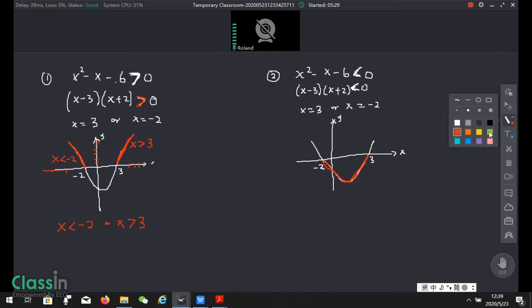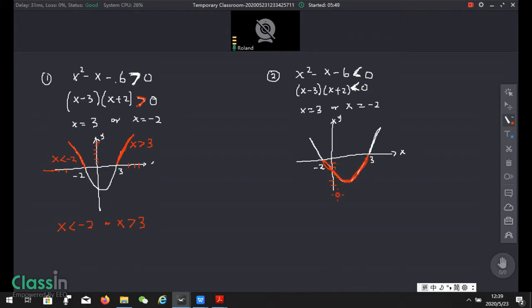This portion, which is above the x-axis, is not part of the portion which is negative. This portion is not part of this range because it's positive, it's not negative. So only the part in red is negative, below the x-axis, because y is negative in all this region.